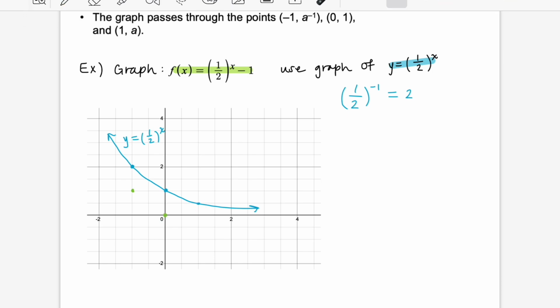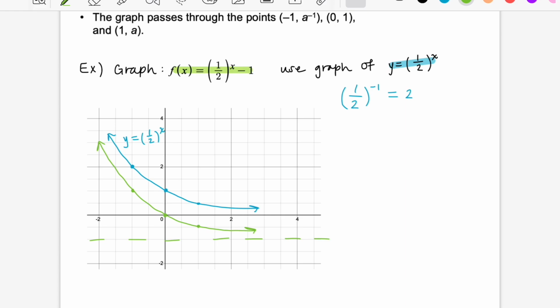And we'll shift this one 1 unit downward. All right, so our graph will look right about that there. And since we shifted this guy 1 unit downward, this means our original horizontal asymptote, which was our x-axis, is now shifted 1 unit downward. So we'll have a horizontal asymptote at y is equal to -1.